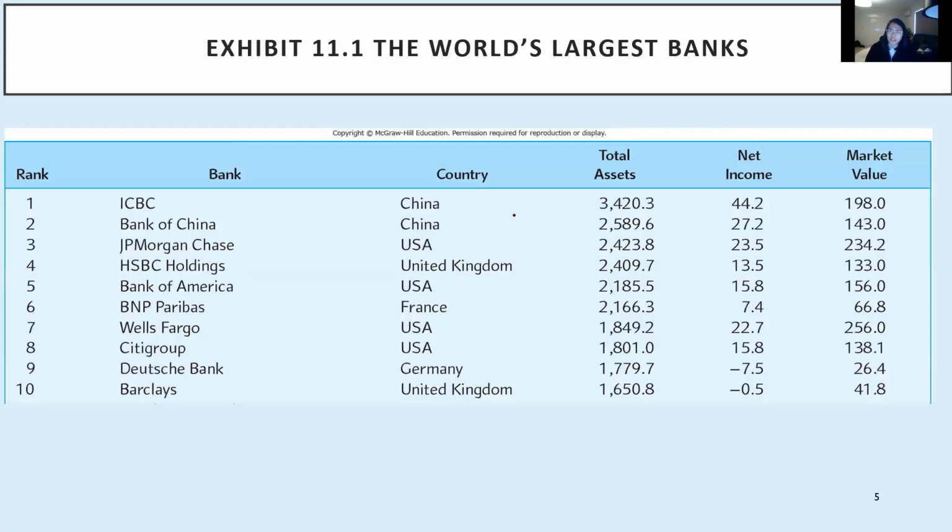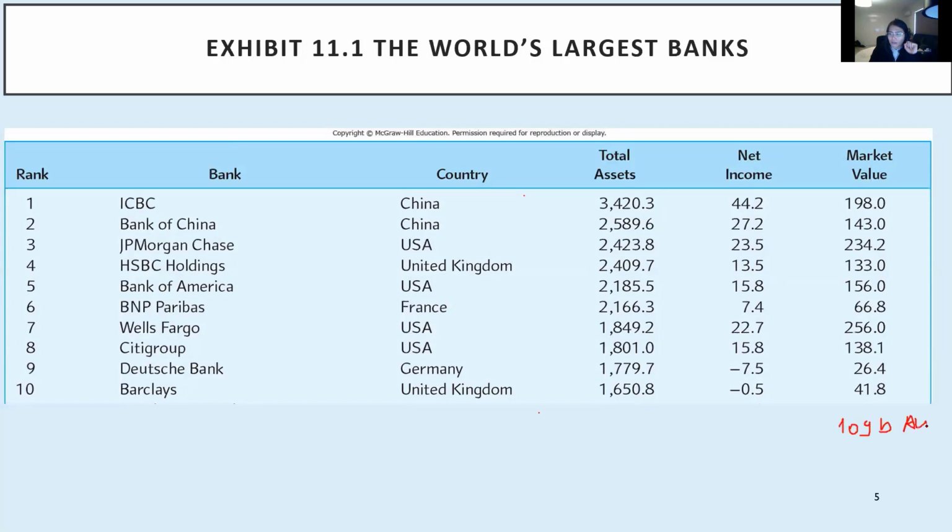So in terms of the scale, this slide shows you the 10 biggest international banks in the world as of 2016. And as you can see, the big economies tend to dominate. For comparison, today's market cap of Commonwealth is around 109 billion Australian dollars.